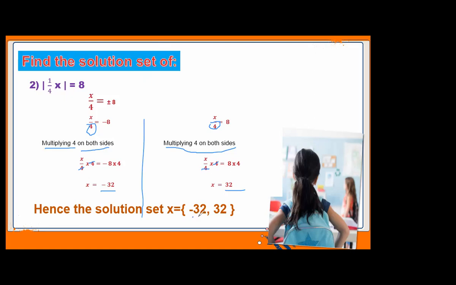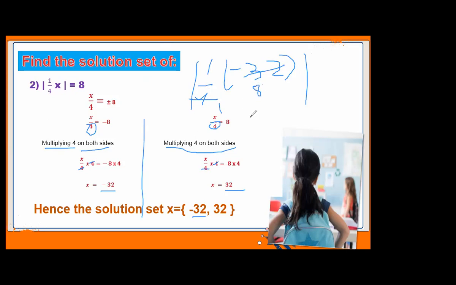If you put this minus 32 in the given question, what will you get? Here, in place of mod 1 over 4 x, we write minus 32. 4 ones are 4 and 4 eights are 32.